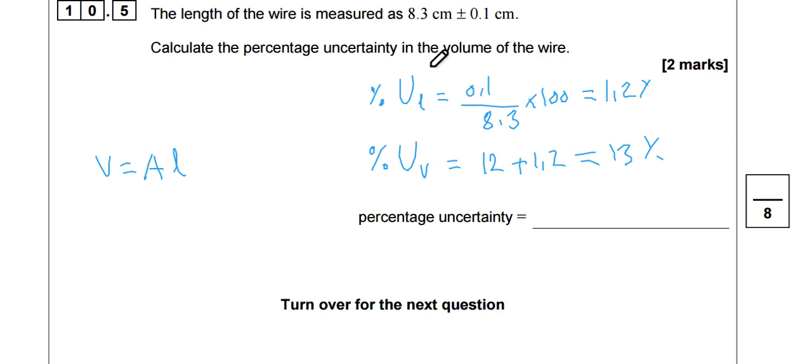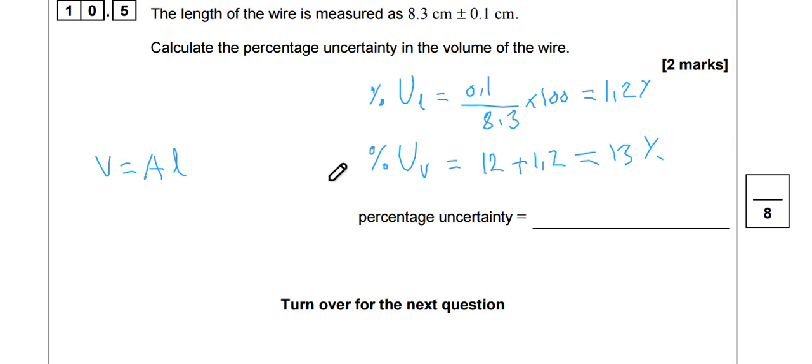To find uncertainty in volume, volume is cross section times length. We have the uncertainty in cross section, and we need just the uncertainty in length, and certainly the percent uncertainty, because the rule is: quantities that result from multiplication of others need percent uncertainty to be added, and quantities that result from addition or subtraction of others need absolute uncertainty to be added.